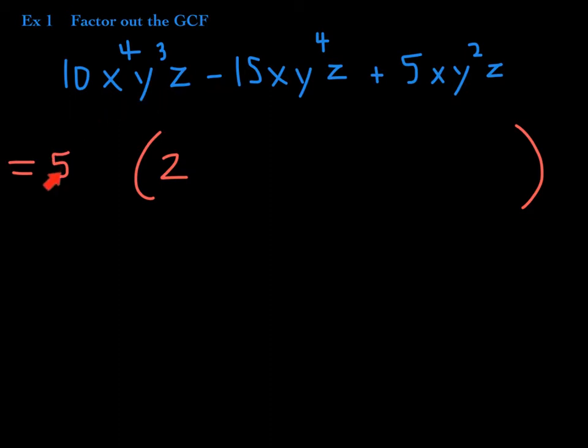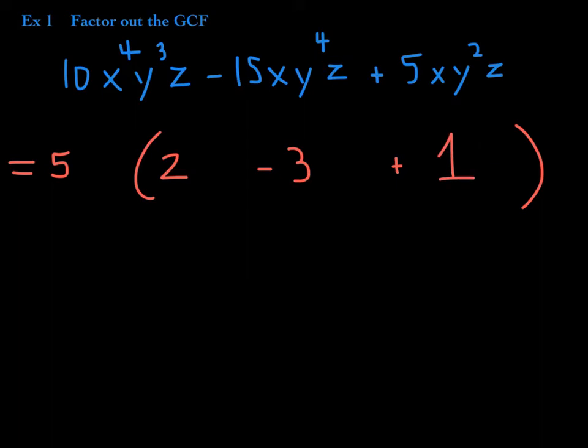Well, 5 times negative 3 is negative 15. Next, 5 times what gives me 5? 5 times 1 gives me 5. A positive one, by the way. All right, that's just the coefficients, okay?